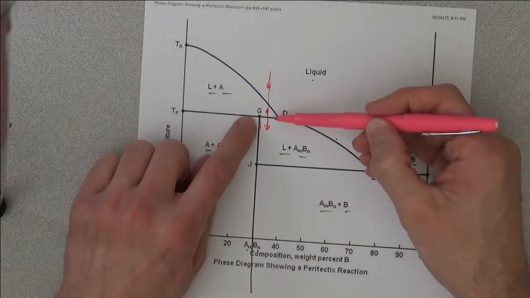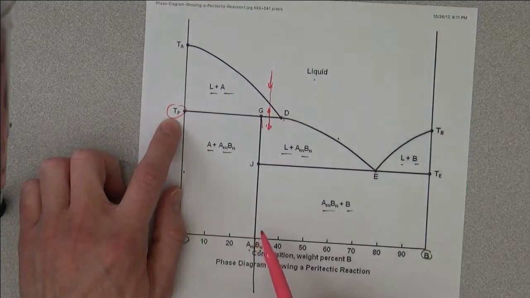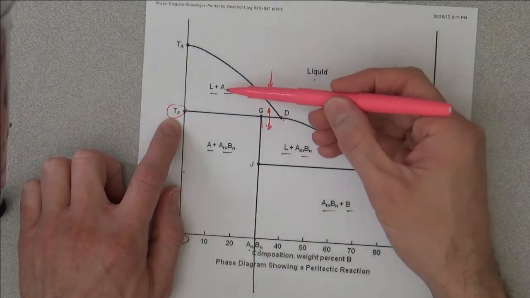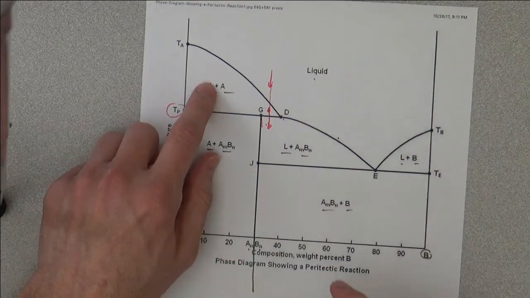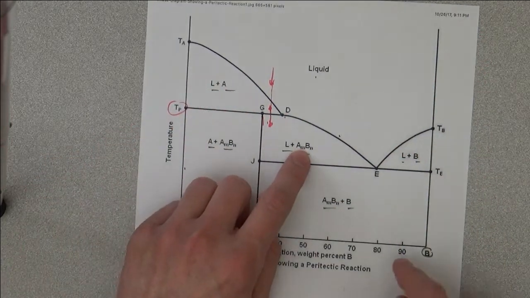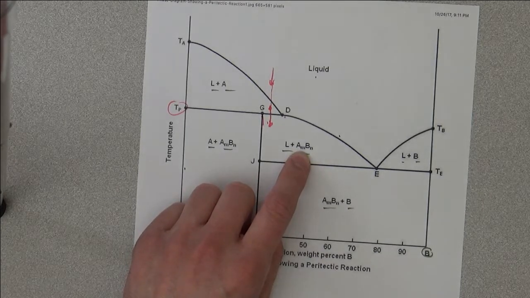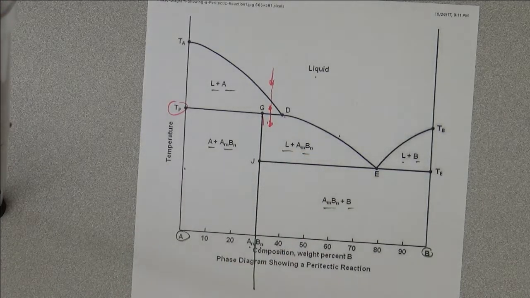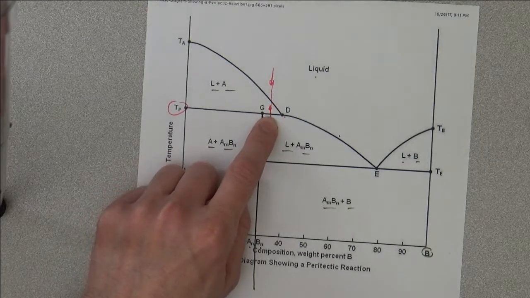So in the process of going through this peritectic temperature, all of the A compound has to be completely reabsorbed into the liquid, and an AMBN compound has to solidify out. So you actually have a reabsorption and solidification both simultaneously occurring as you pass through that.